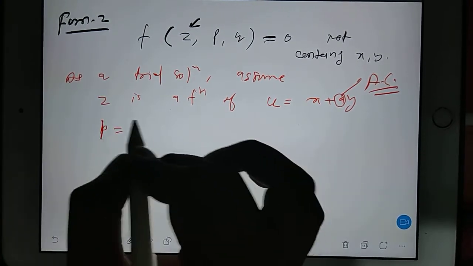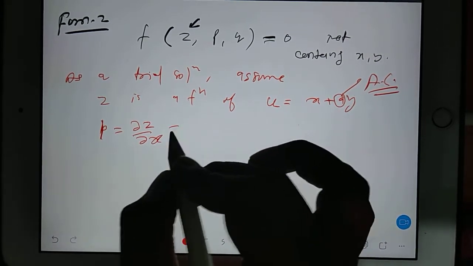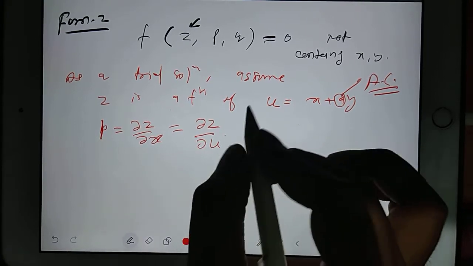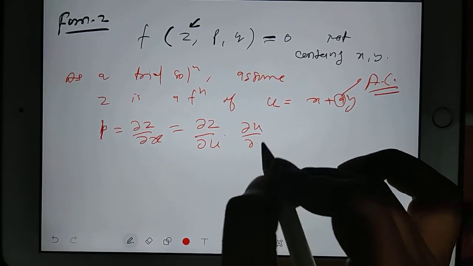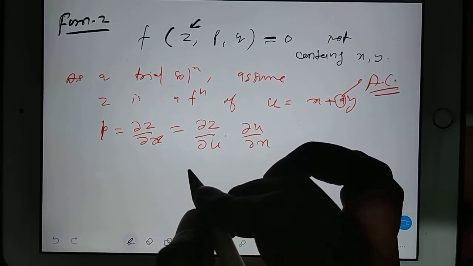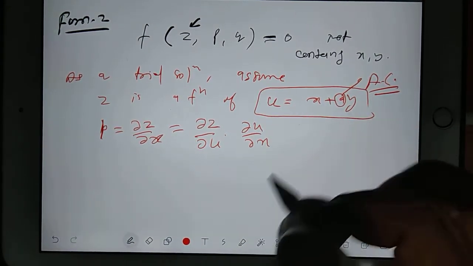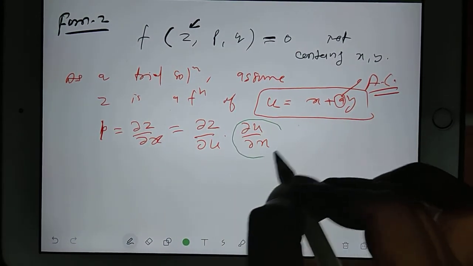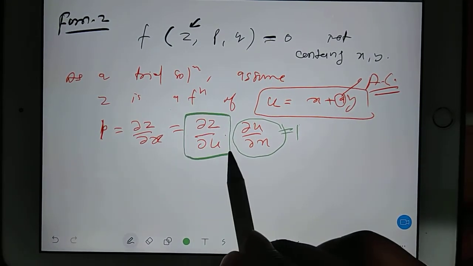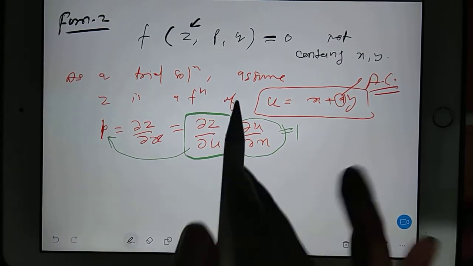Always I know that small p is nothing but ∂z/∂x. So first I will write this as ∂z/∂u into ∂u/∂x. So this equation will give you ∂u/∂x is equal to 1. So ∂z/∂u became the value of p for this kind of solution.